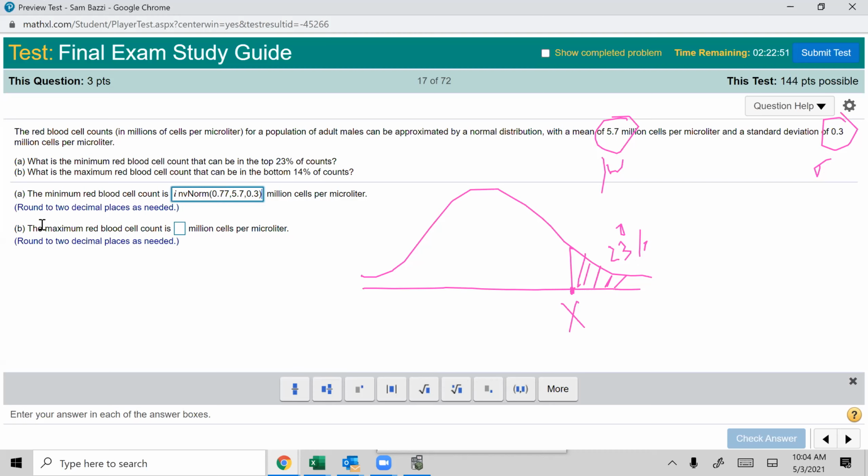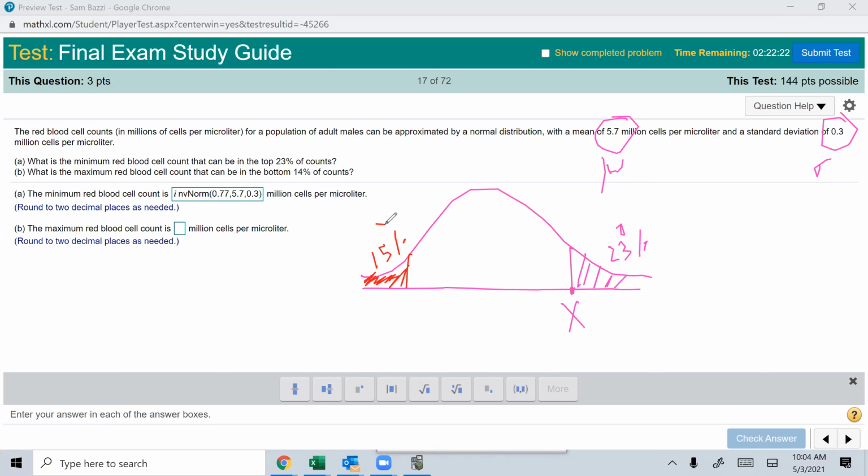B, what is the maximum red blood cell count that can be in the bottom 14% of counts, guys? For bottom 14%, that's a different story. It's going to be right here. This is my 15%.